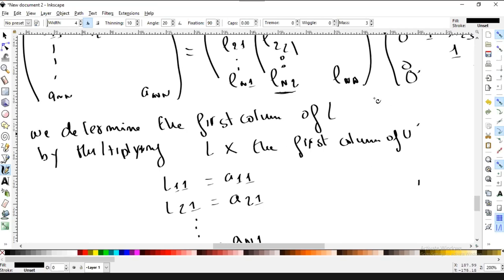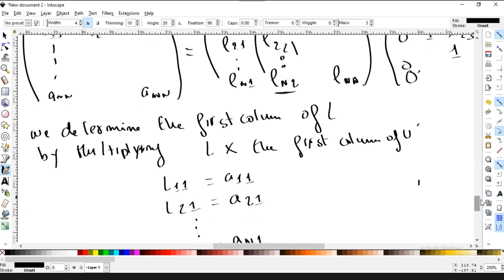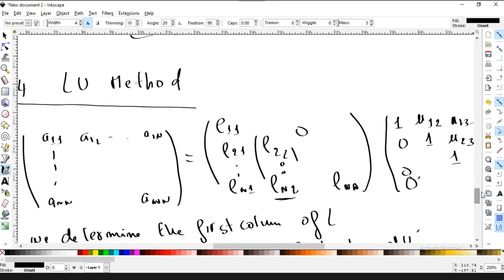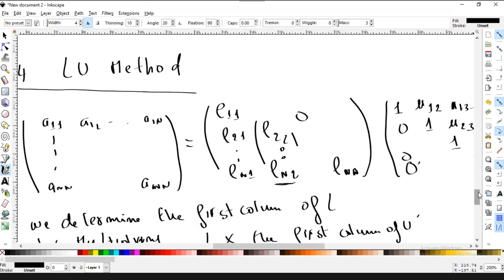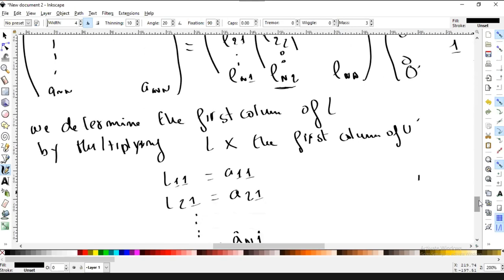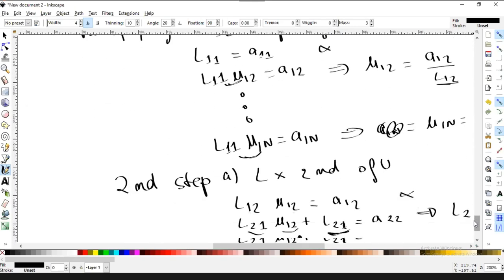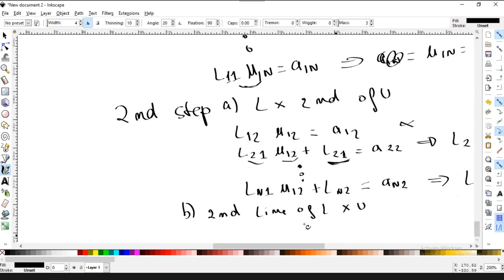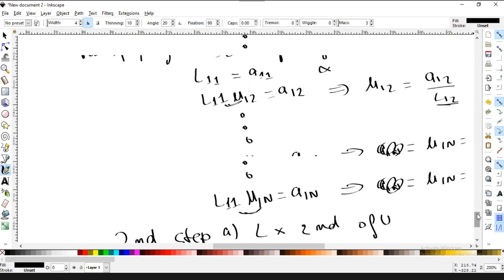The first column of L by the first column of U, then the first line of L by U, then the second column of L by the second column of U, the second line of L by U. So when you do that, here you get the U23.